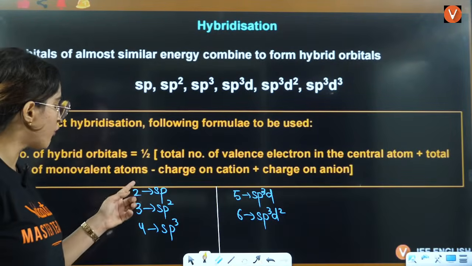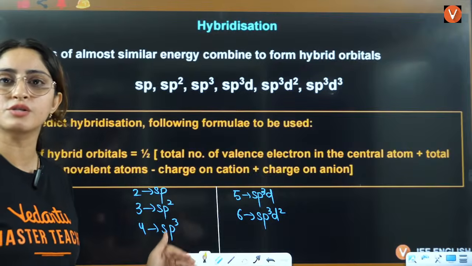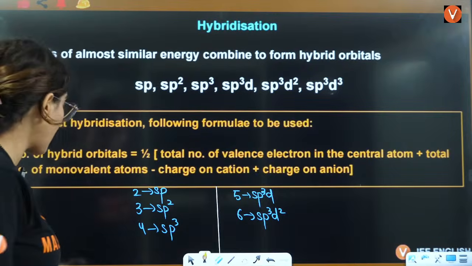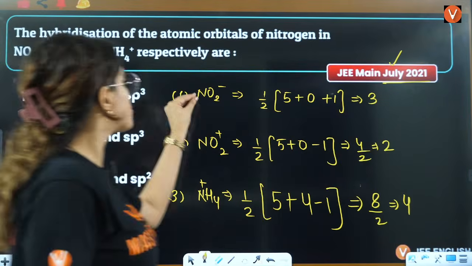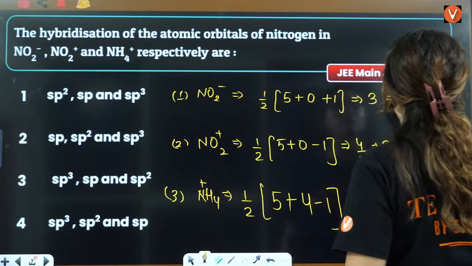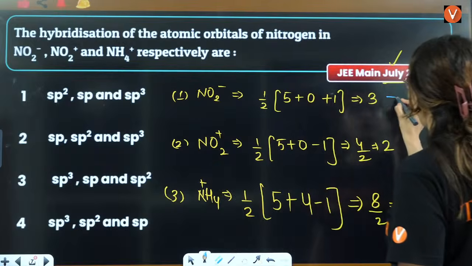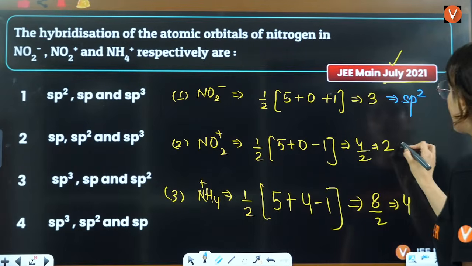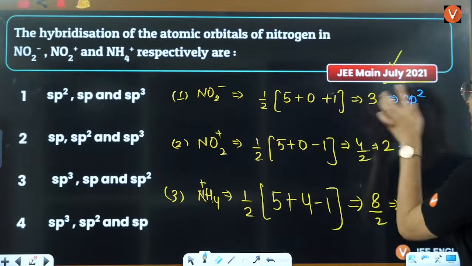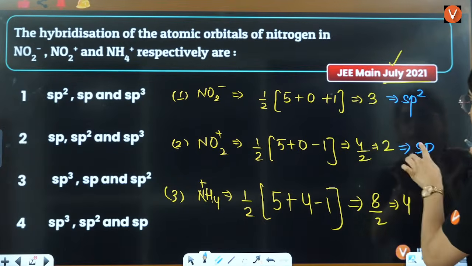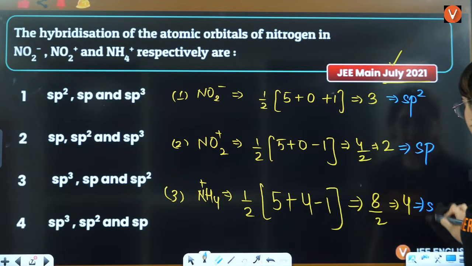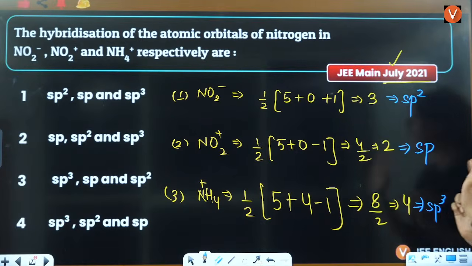Mostly they will ask you for 2, 3 and 4 only, if they ask you the steric number and to calculate the hybridization from there, right? So you can say this is 3, that means sp2. Total number 2 plus 1 is 3, sp2. 1 plus 1 is 2, sp. 3 plus 1 is 4, sp3.